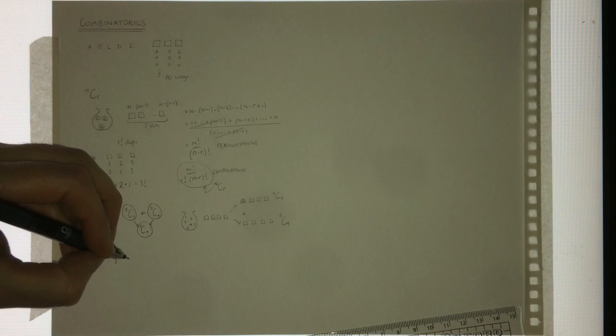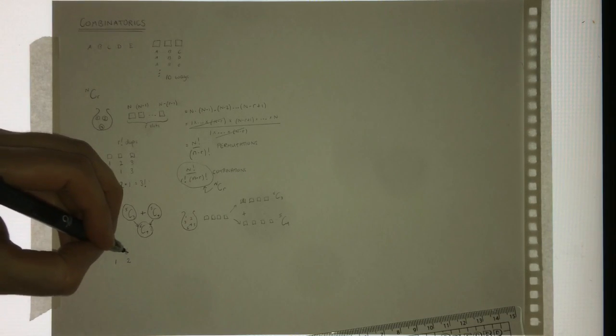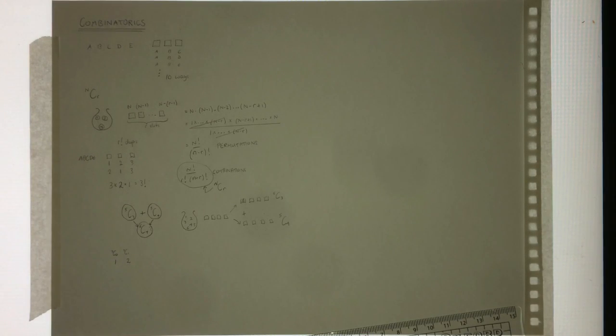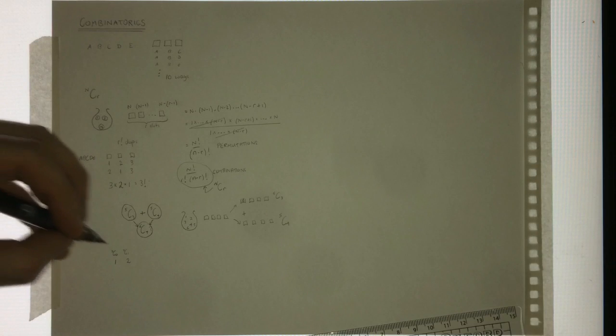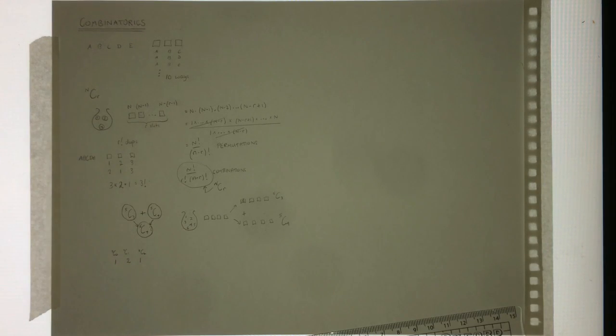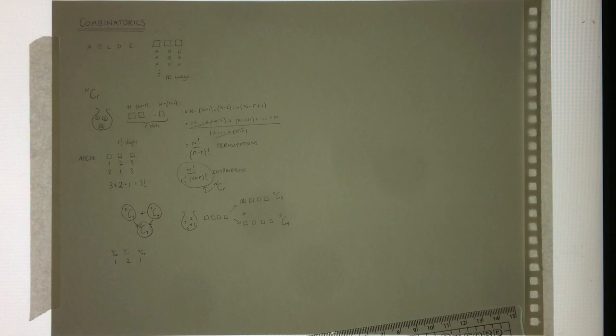So there's 2 choose 1. This was 2 choose 0. And 2 objects, choosing both of them. There's only one way to choose both of them. 2 choose 2.